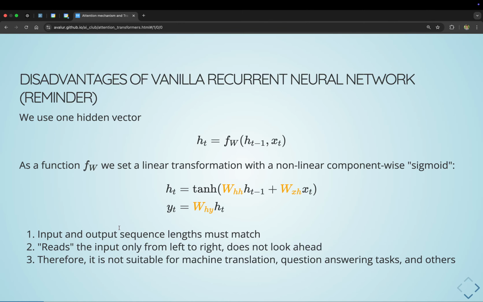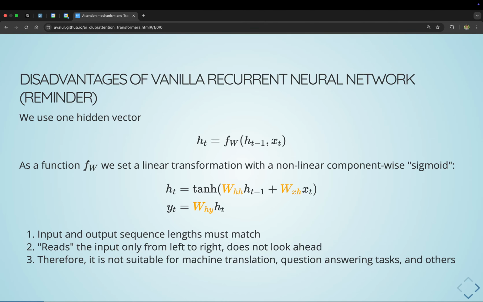Then the model reads the input only from left to right and doesn't look ahead. Sometimes it is not a problem, but sometimes we want to predict something based on the whole sentence.